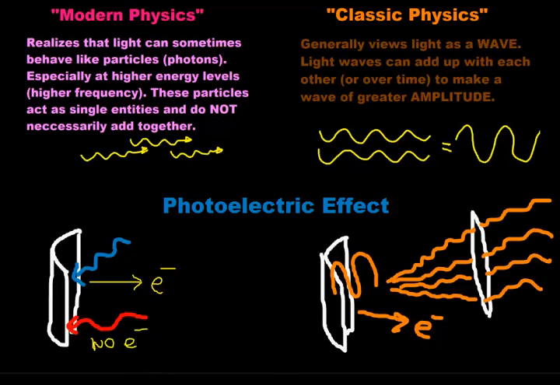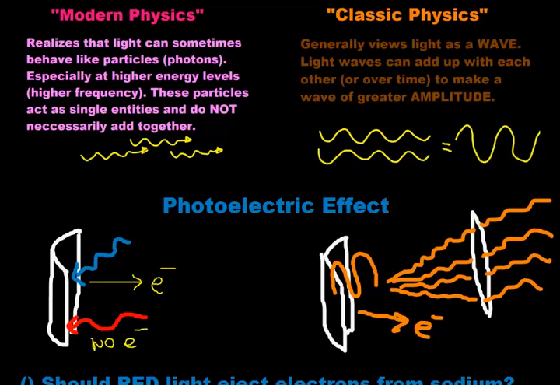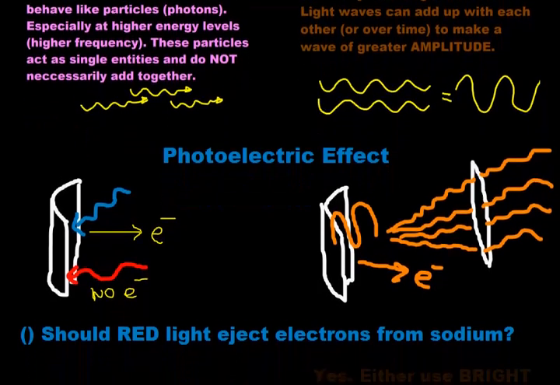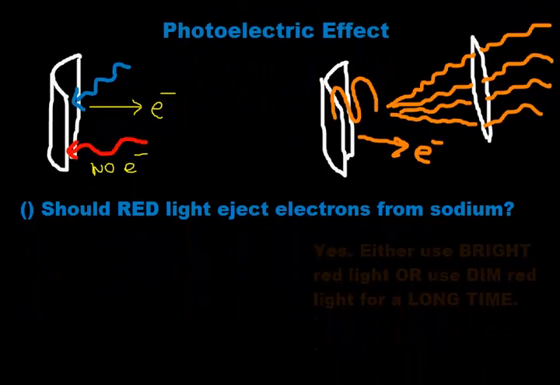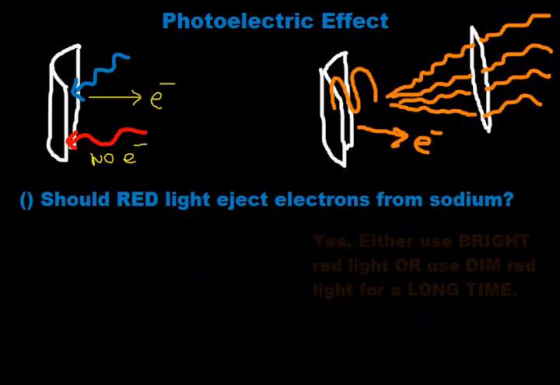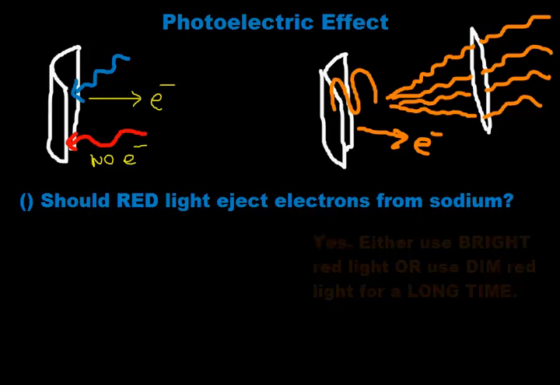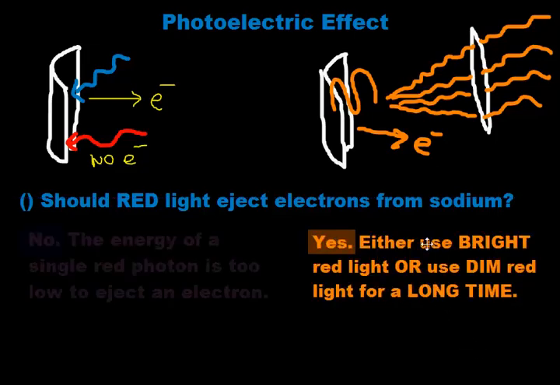So let's see how this affects our predictions of the photoelectric effect. I have three scenarios or questions that we're going to analyze using the two different theories to figure out what you might predict to happen. First, we'll do the classical theory each time. The classical wave theory asks: should red light eject electrons from sodium?